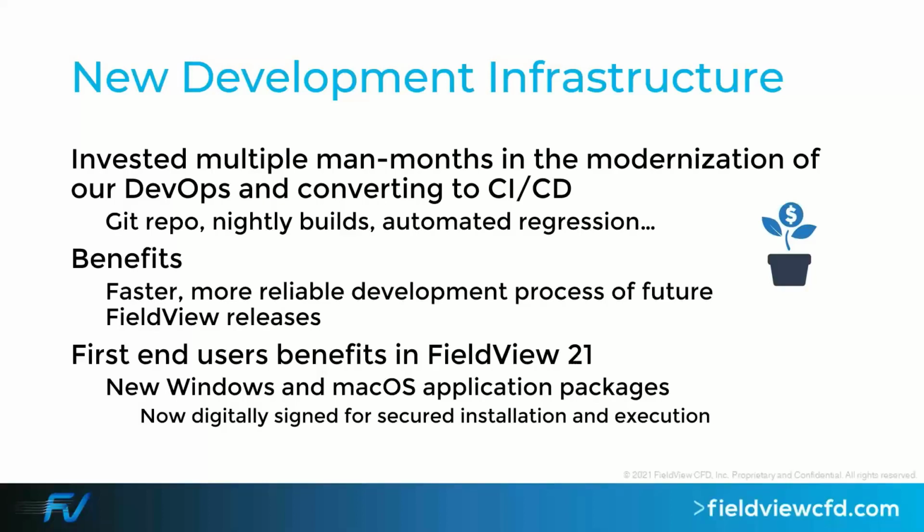Some of the first benefits you are actually going to see in FieldView 21 are that our Windows and macOS packages have changed. And one of the signs is that they are digitally signed now. So you will no longer see warnings or messages as you download, install, and run FieldView.